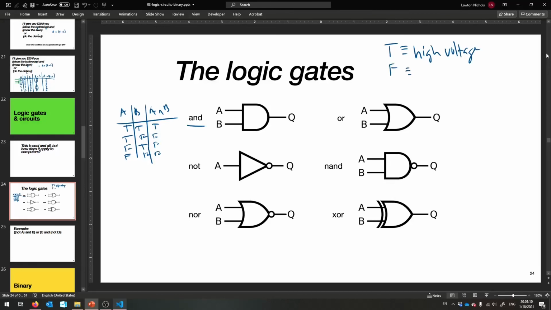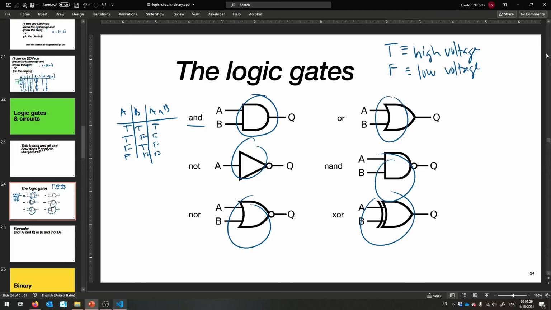F is equivalent to a low voltage. You'll learn more about this if you take a physics class or an electrical engineering class. But as far as I want to go is saying that you can put enough transistors together in certain ways to make all of these different, we call them logic gates. And they take just as many inputs as the operation that they perform does.